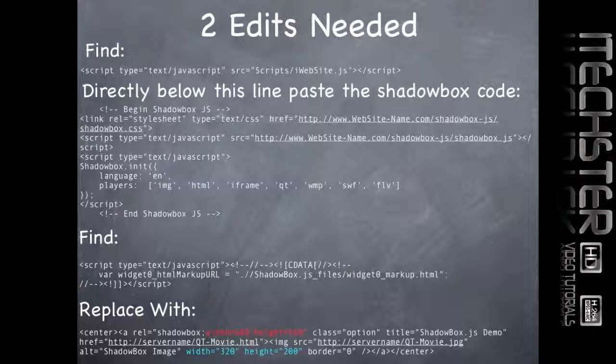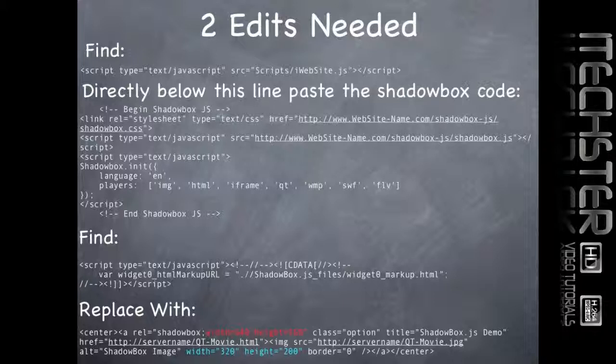Next, the second line that we'll need to edit is where the actual widget 0 underscore HTML markup is located. You can just run a search for that particular line, widget 0 underscore HTML, and so on if you use multiple widgets for multiple videos within that page.